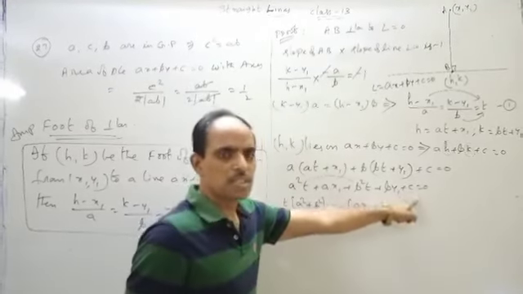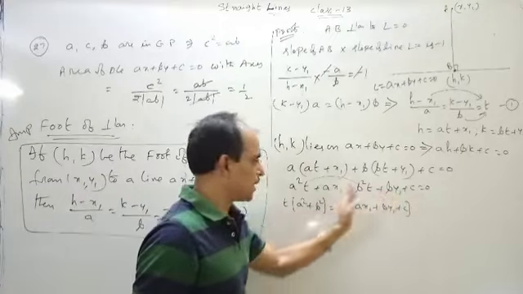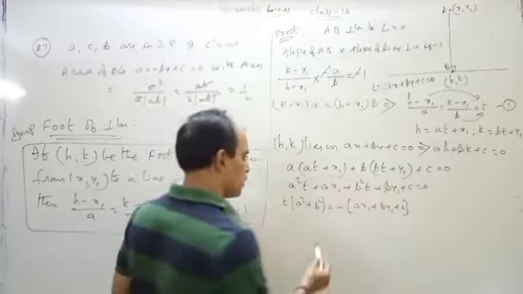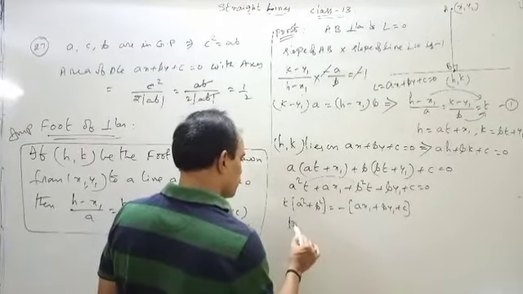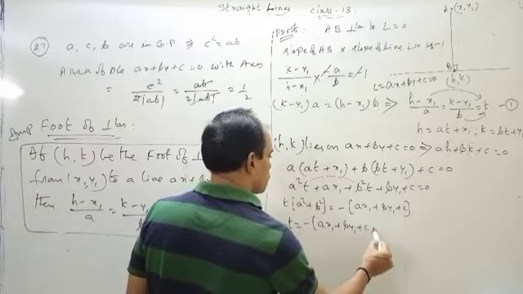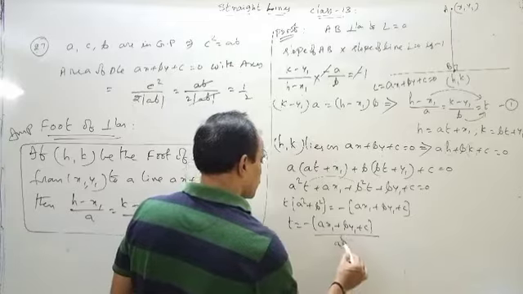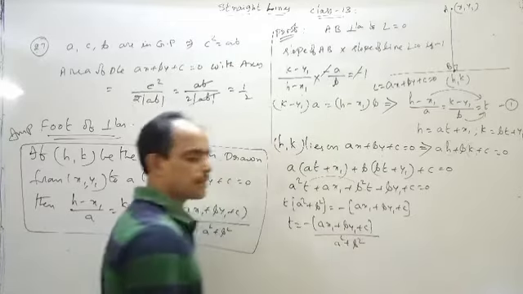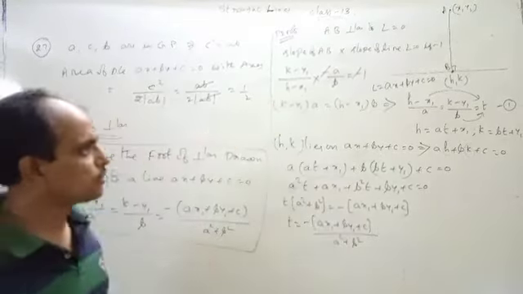These three terms don't contain the letter t, so you take them onto another side. So now t is equal to minus of ax1 plus by1 plus c by a square plus b square.